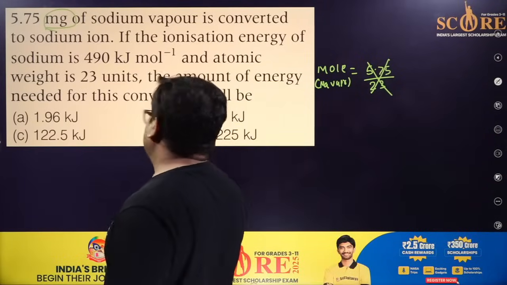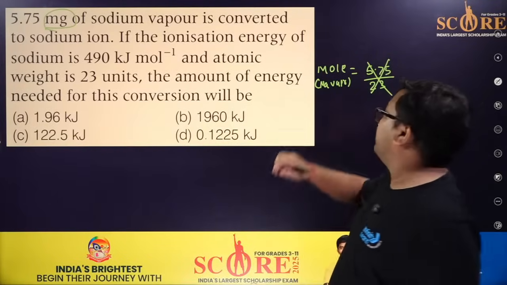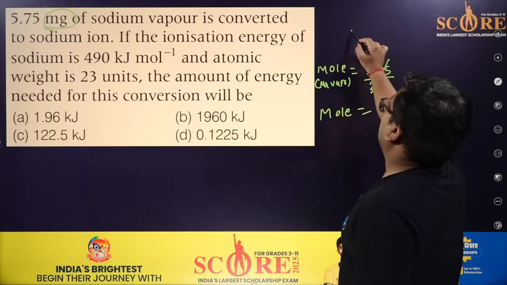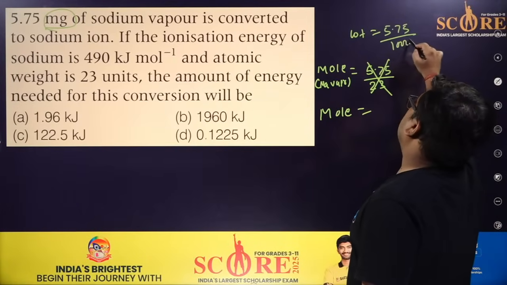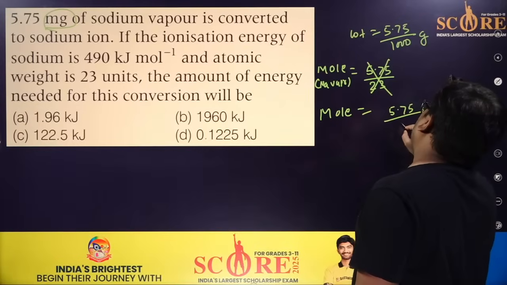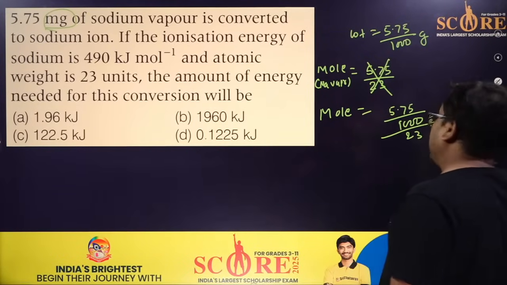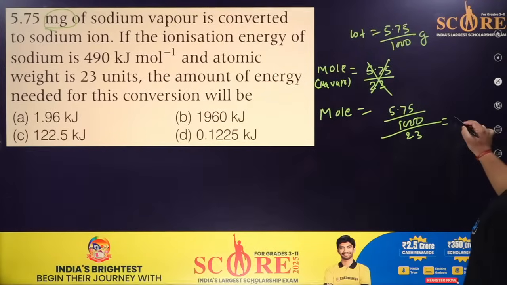I understand your approach was very nice, both of you, but you committed a silly mistake. So the weight is actually 5.75 divided by 1000 gram. So 5.75 divided by 1000, and this is divided by 23 gram. This is the mole actually, and that's why you made the mistake. So there will be 0.00025 mole.